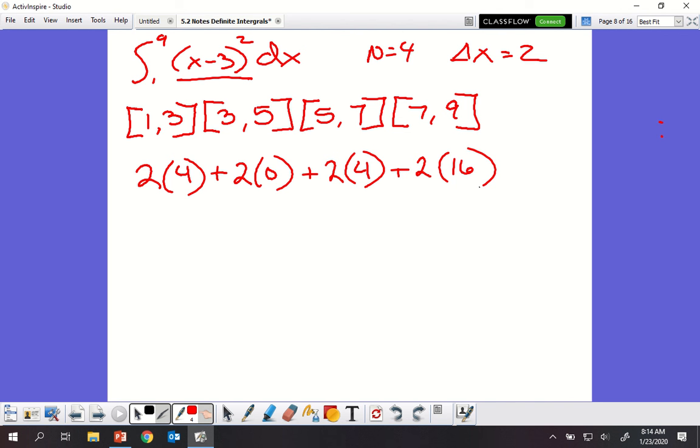But eventually we're going to get into more complicated problems, and you're going to want to have it as easy as possible. So all of these have a delta x, right? So it's basically going to look like this. My delta x, which would be a 2, times, because I'm factoring that out of all of these.